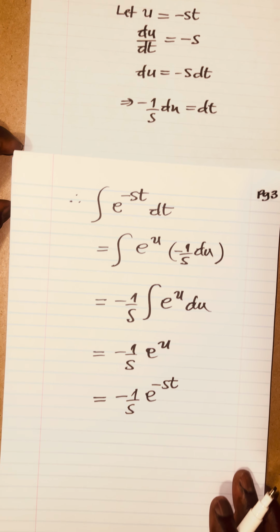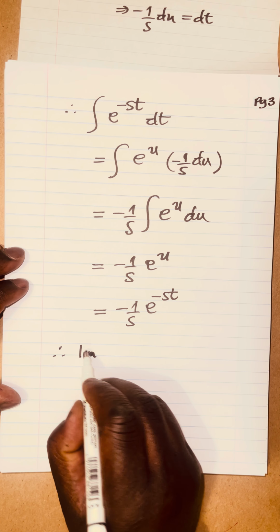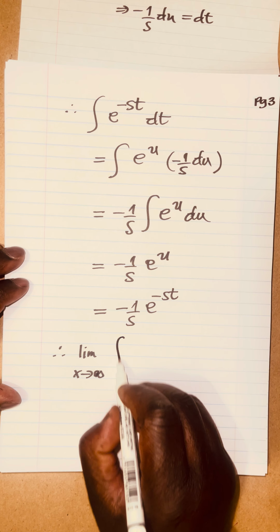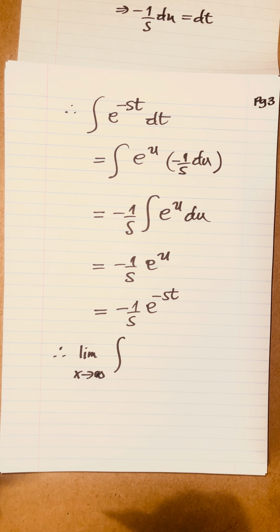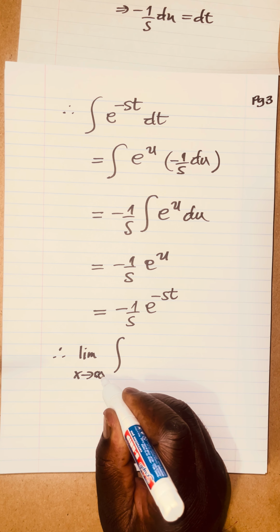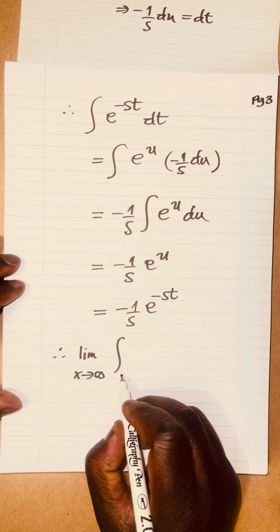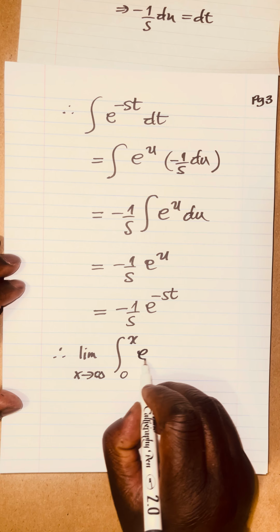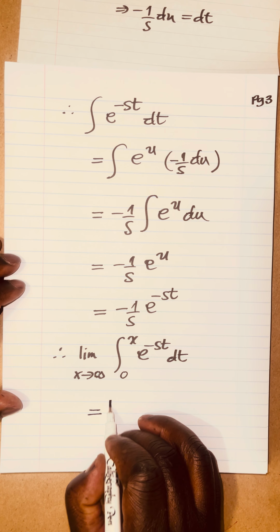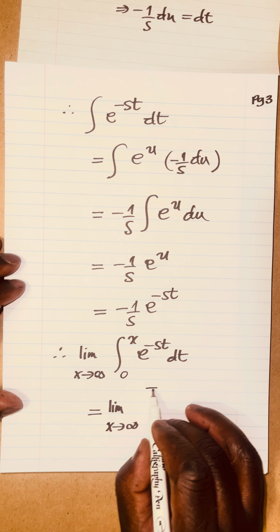So we're now going to say, therefore, the limit as x approaches infinity of the integral from 0 up to x of e to the power minus st dt is just equal to the limit as x approaches infinity of what?